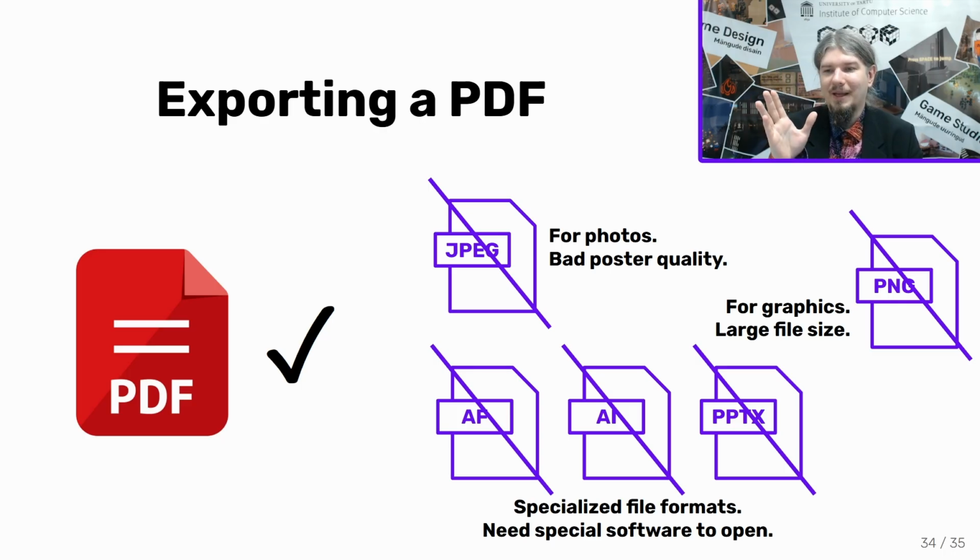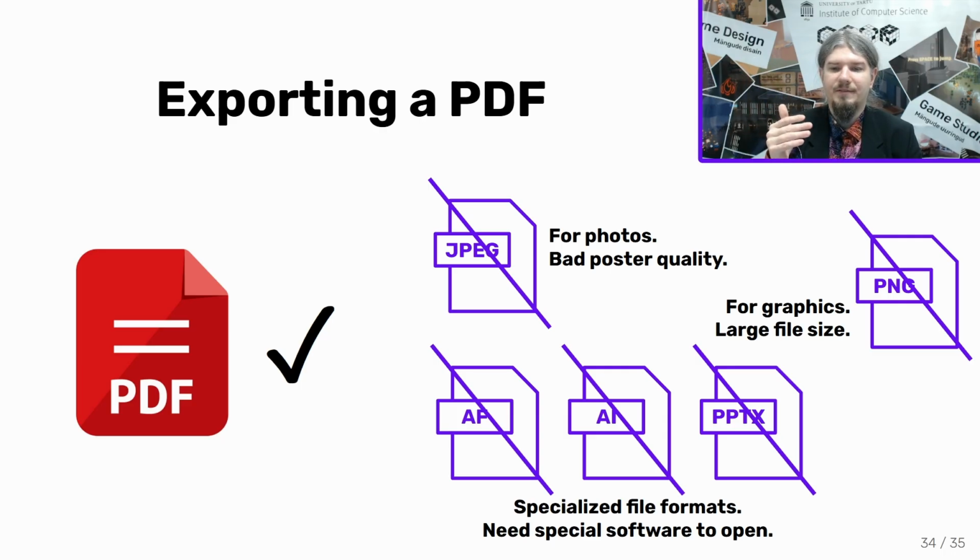So don't use JPEG. PNG preserves the sharp edges, but it has a huge file size if you save your A0 as a PNG. There are some exceptions, but in most cases PNG is usually for graphics, like your one plot can be a PNG, but not your whole poster. So PNG isn't that good either.